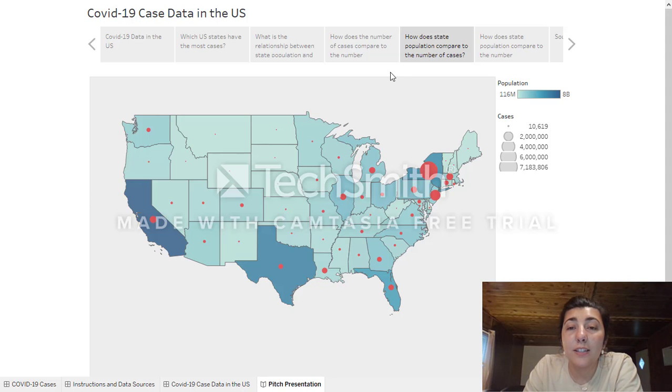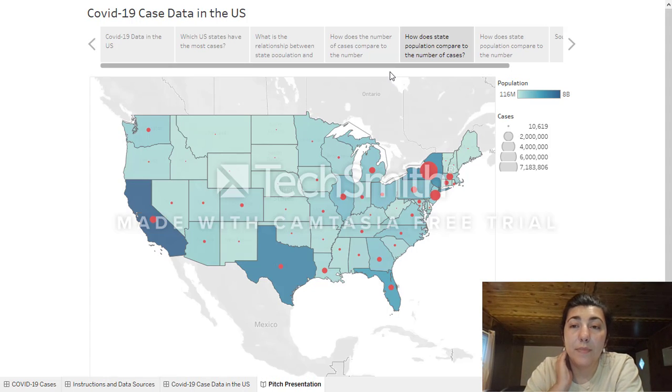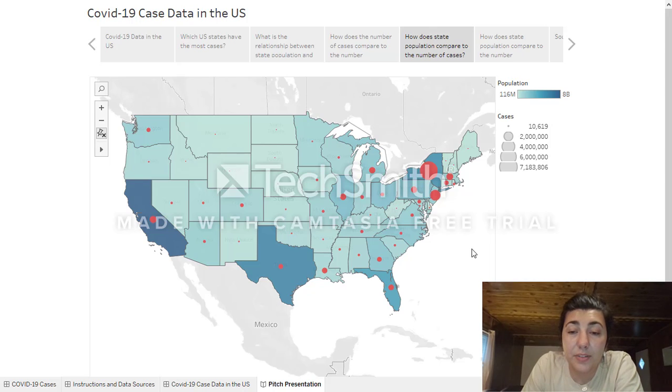Okay, this next question that I posed, how does state population compare to the number of cases? I really wanted to be able to see the U.S. and be able to compare states in that way. So we have the population that is represented by the blue.